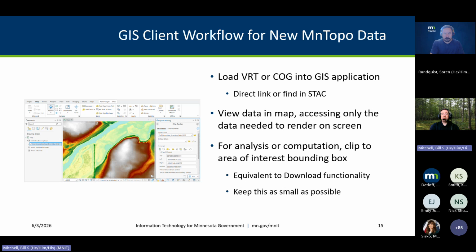That's then equivalent to the download functionality, and it helps keep the amount of transferred data as small as possible. So it speeds things up for you, and it makes things smaller on your hard drive too.